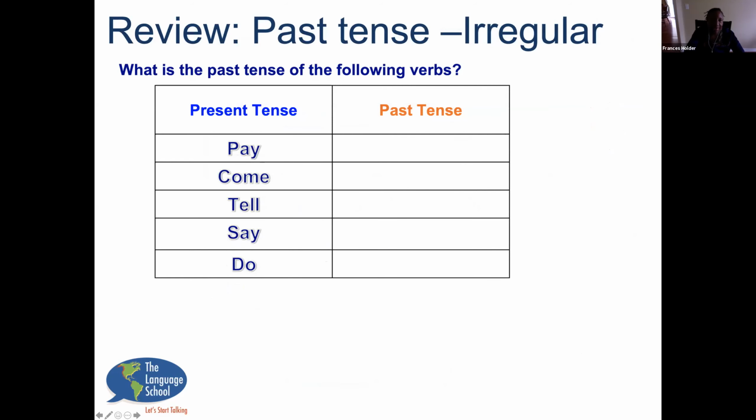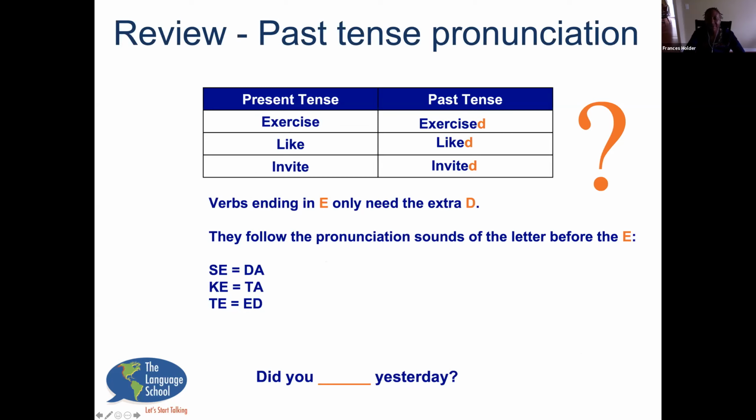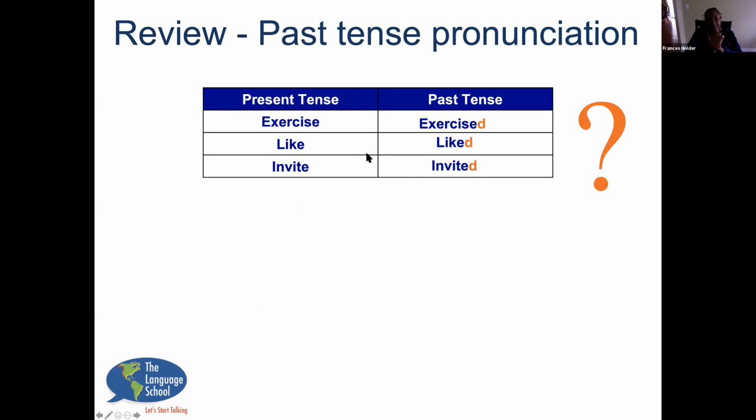All right. Any questions about past tense pronunciation? Well, I think I need to study. Yeah, everyone needs to study this. This takes time, it takes study, it takes repetition, it takes practice. The most important thing to remember is that ED is pronounced as a separate syllable whenever there's a T or a D, okay?